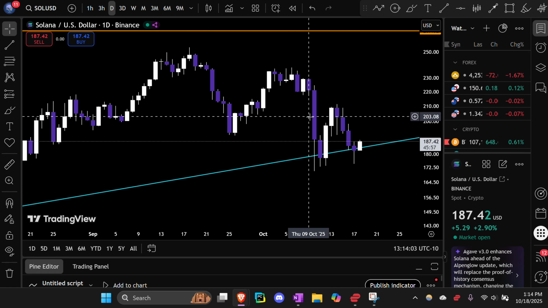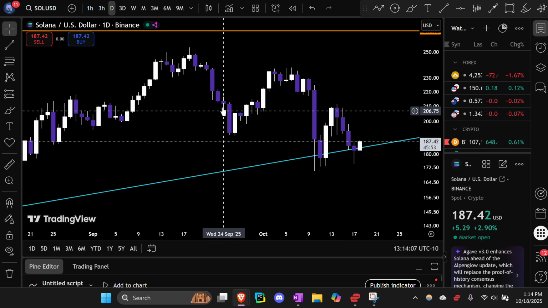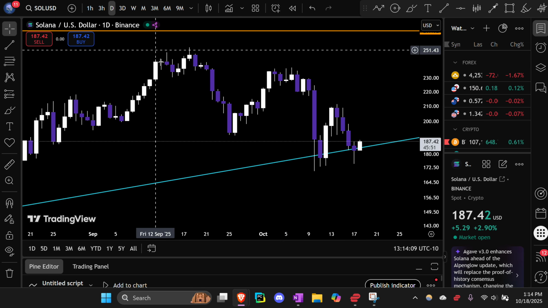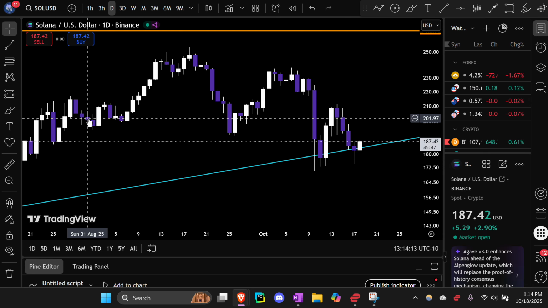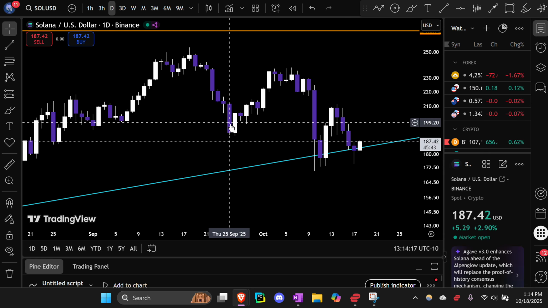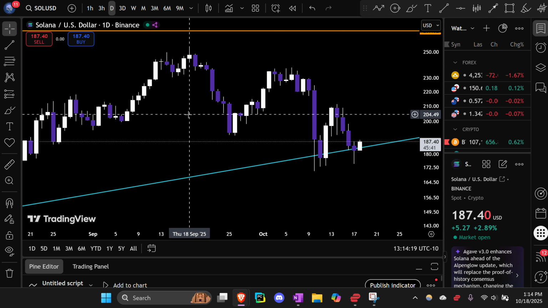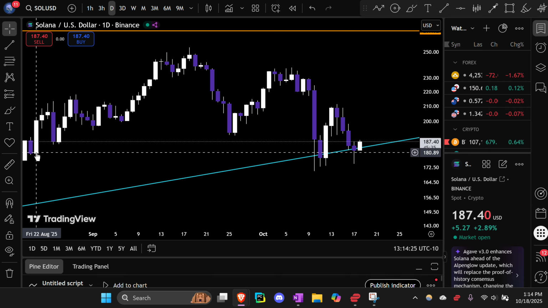In a candle, you have a body, which is represented by the purple or the white, and you have the wicks, which I have here as white lines on both the top and the bottom. What the wick really means is where price went during a certain period, and what the body means is what price actually closed at.